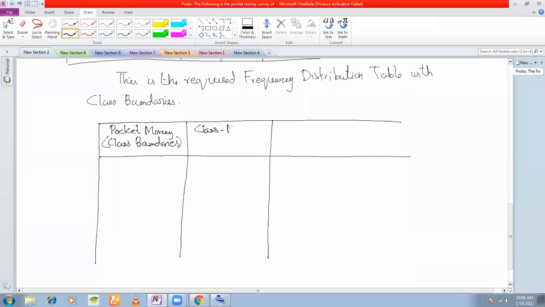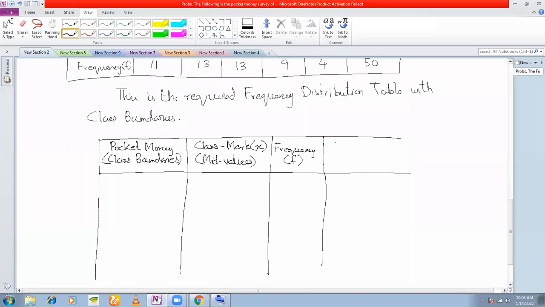The class mark is denoted by X. The next column you can make for frequency F. And you have the last column for cumulative frequency, CF.